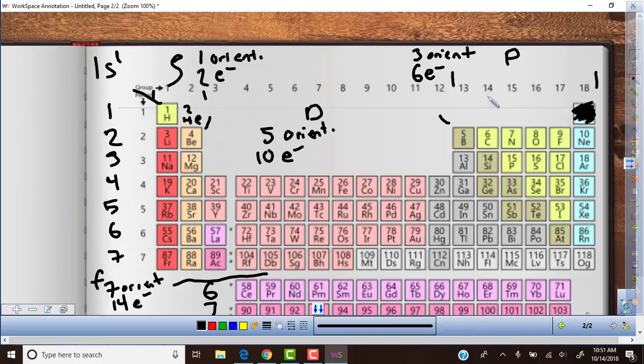If we wanted helium, it's still in the 1s, but because it has 2 electrons, it's number 2 on the periodic table, we say it is 1s2. Now, these are going to be cumulative, meaning that when we describe a higher level of energy, we have to describe that the energy level before it is full. So if we remember, in the 1s energy level, 2 electrons make it full.